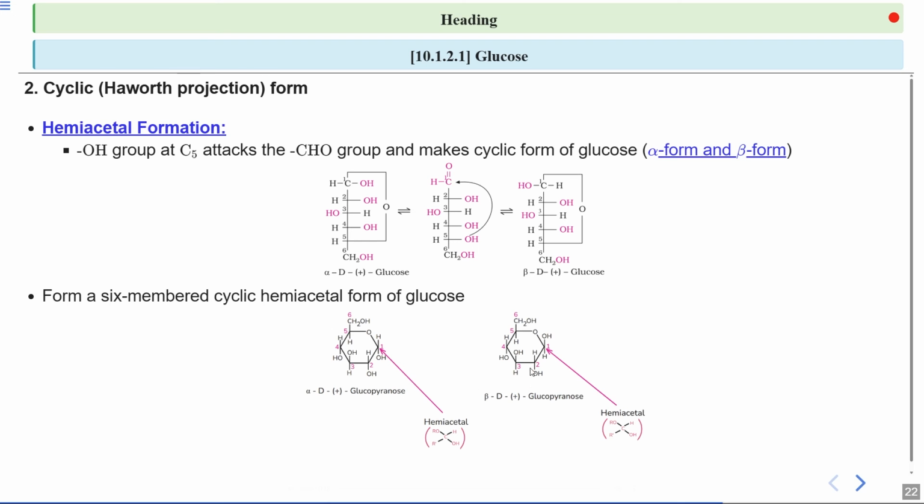And this is the beta form, in which at carbon 1 the OH is pointing upwards. This shows the hemiacetal formation in which this carbon is bonded to one OH group and one OR group. That means the OH group and OR group are present on the same carbon. That is a hemiacetal. So this forms a 6-membered cyclic hemiacetal form of glucose.